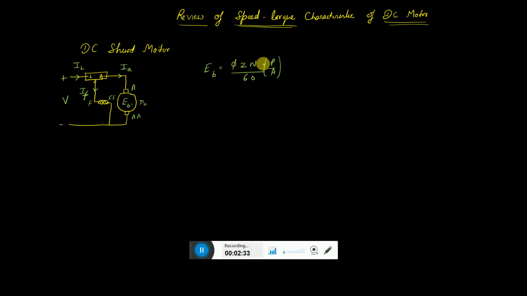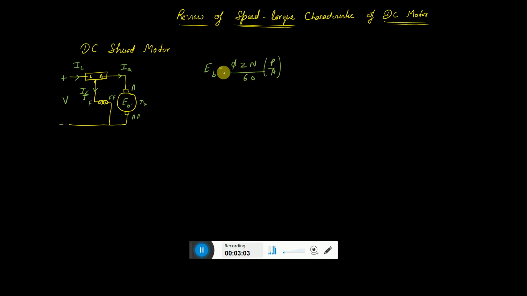Accordingly, the number of poles is mentioned here as P, and A stands for the number of parallel paths. We generally use parallel paths if we want to increase the current rating of the motor. So if a wire's current carrying capacity is 5 ampere and we need to increase the motor rating to 20 ampere, then we need to go for 4 parallel paths.